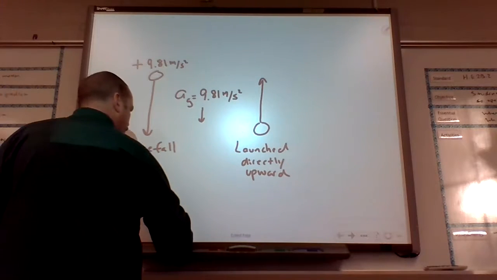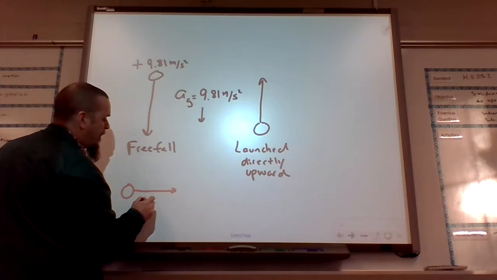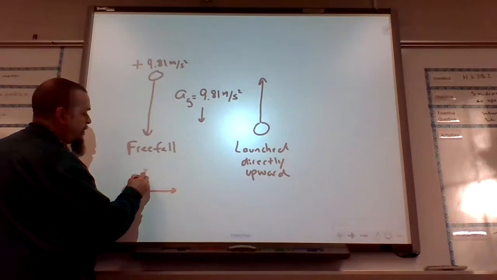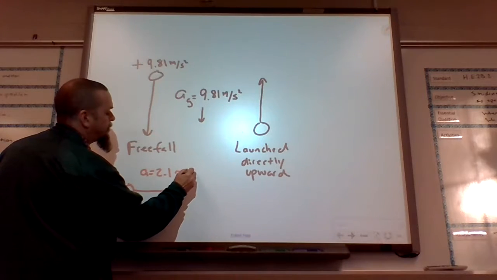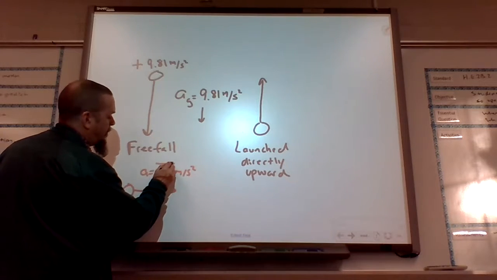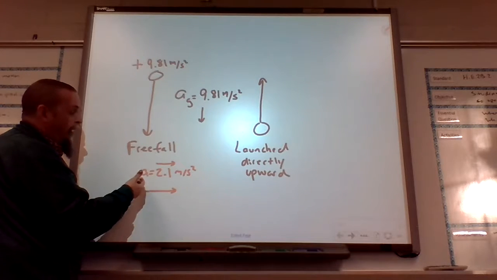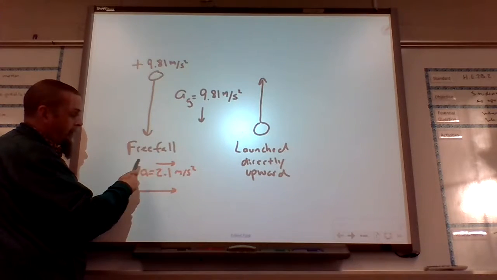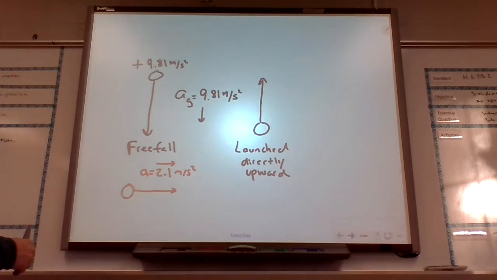In horizontal motion, if we had an object that was moving to the right, and we had, say, an acceleration of 2.1 meters per second squared, also to the right, this would be a positive number. It would be positive 2.1 because both the acceleration and the object's motion were in the same direction. The object would be speeding up, which would be positive acceleration.